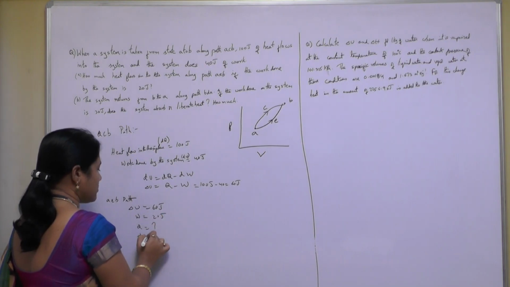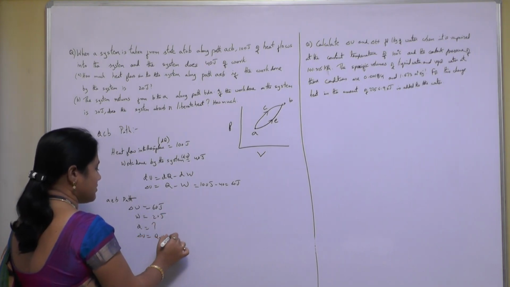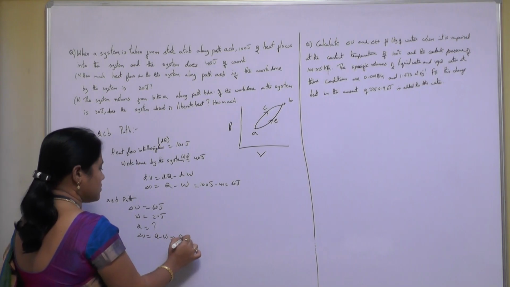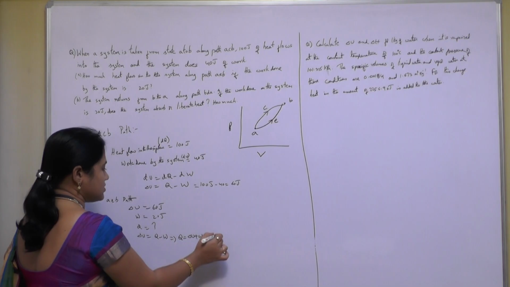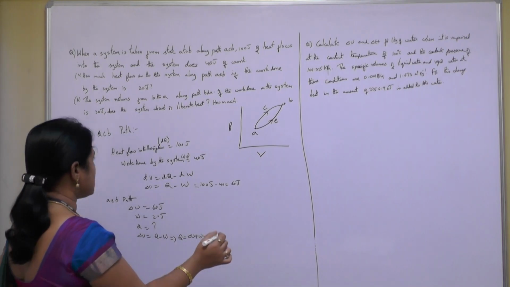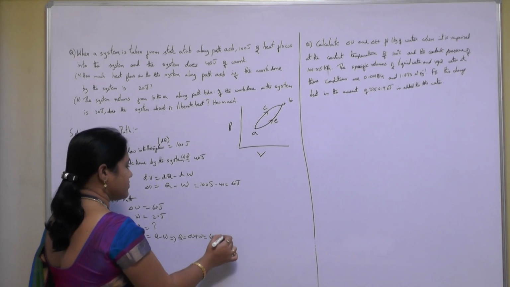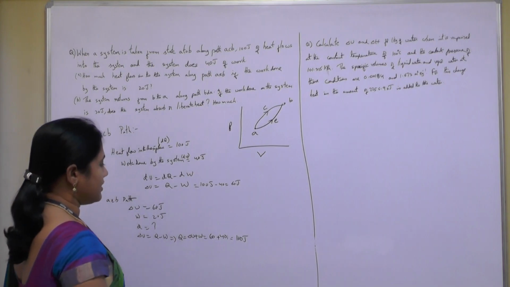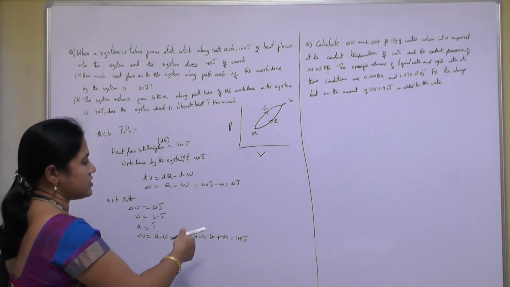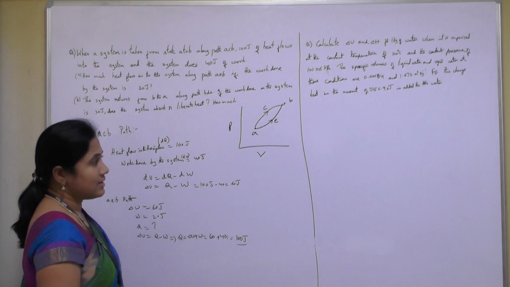Delta U equals Q minus W, or Q is equal to delta U plus W. So delta U is 60 joules and W is 20 joules, so a total of 80 joules. So heat flows into the system is 80 joules.